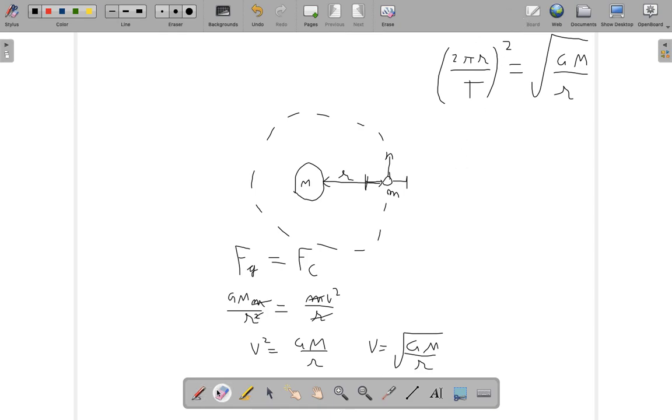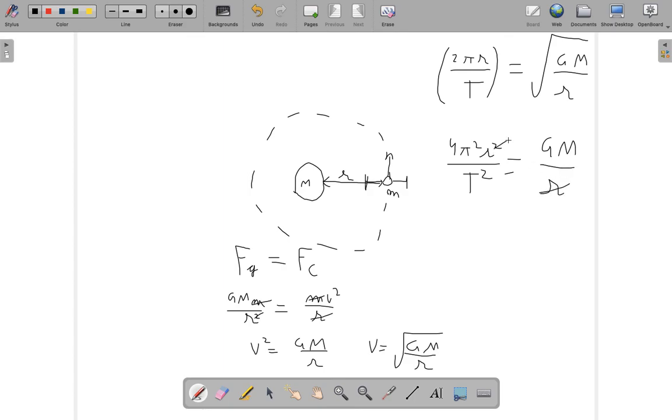Actually, wait, hold on, I just stepped ahead a bit. We have velocity equals to that. Now if we square both sides, 4 pi squared r squared over time period squared equals to GM over r.